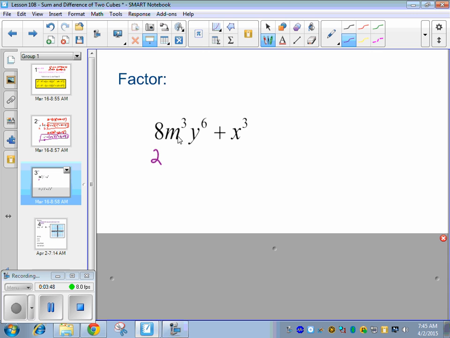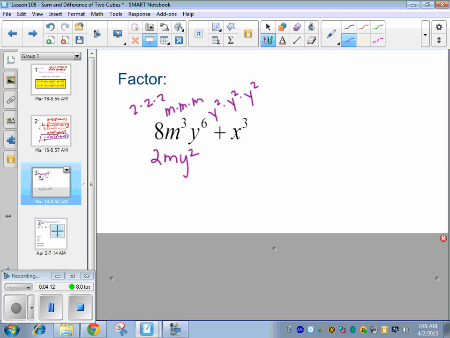The cube root of m to the third is m. And how do I do the cube root of y to the 6th? How do you know it's y squared? You have to think of this as m times m times m, and this one is 2 times 2 times 2. So this one would be y squared times y squared times y squared. That's how you would get y to the 6th, so the cube root would be y squared.